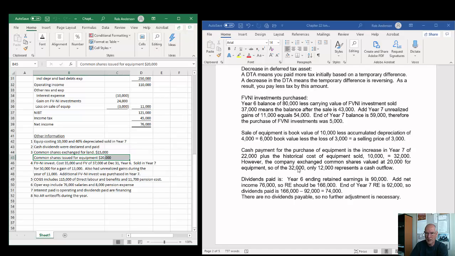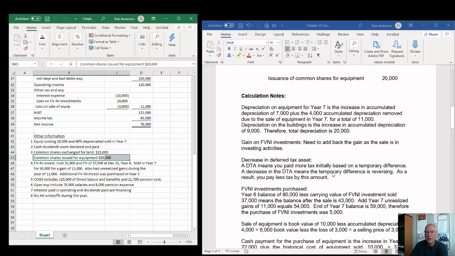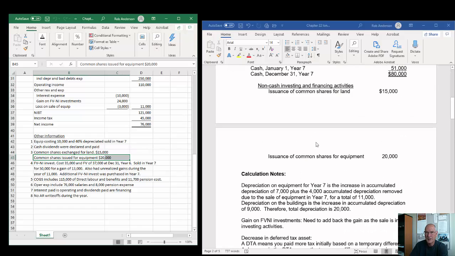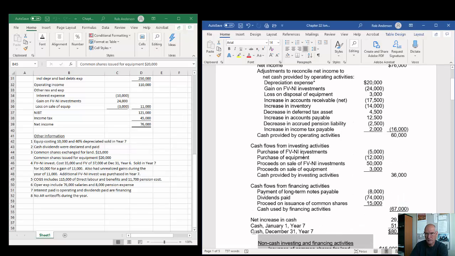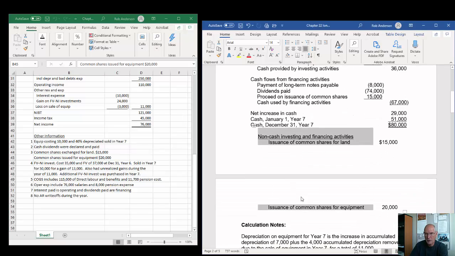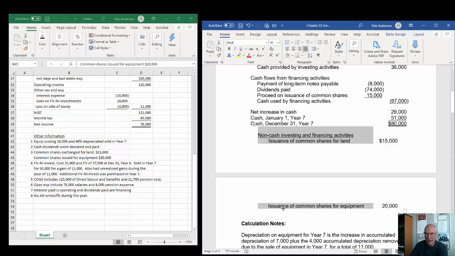So we have to take that 32, subtract the 20, and we're left with 12,000, which is your actual cash outflow. And a note to your statement, let me see if I can find this here. A note to your statement, non-cash investing and financing activities says that we issued common shares for equipment 20,000.